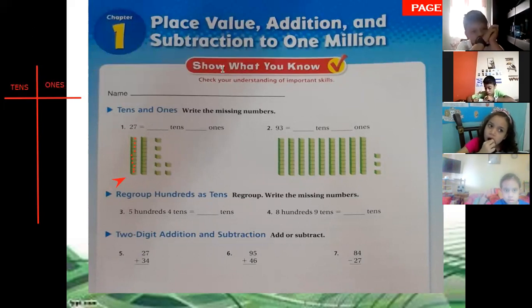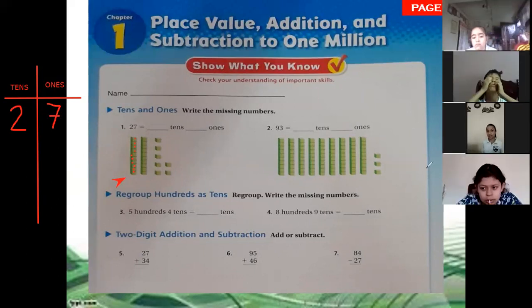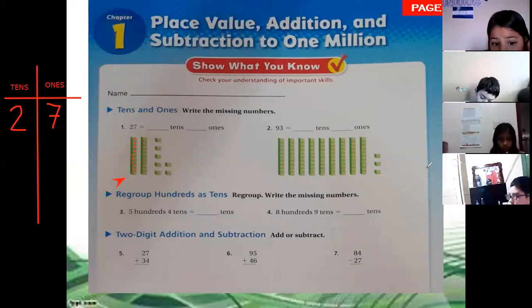If we write 27 in the place value table, we have to write it like this, right? So according to this place value chart, how many tens are in 27? Look at the table.